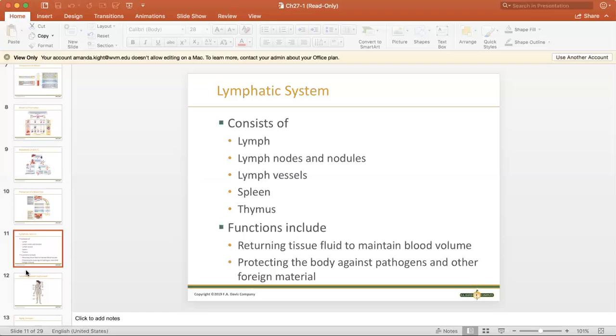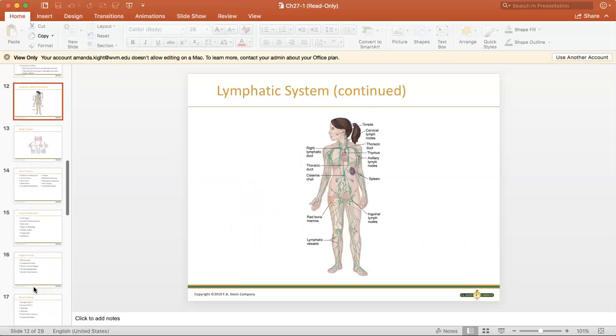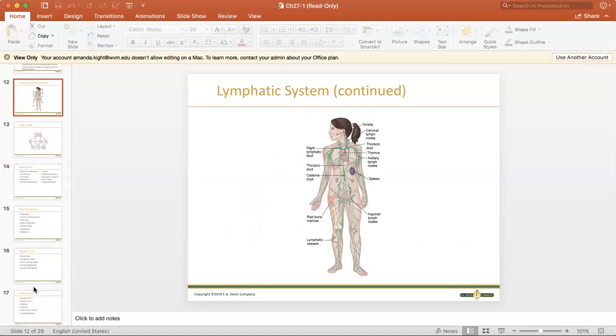There is a lot of blood volume and fluid volume in general in the lymphatic system that works, like I have said before, parallel with your vascular system, and it protects the body against pathogens and other foreign material, which we talked about, kind of like the airport, with things going through it. We already did this in the book, so I'm not going to go through it. You already went through the nodes and whatnot, but here's another picture.